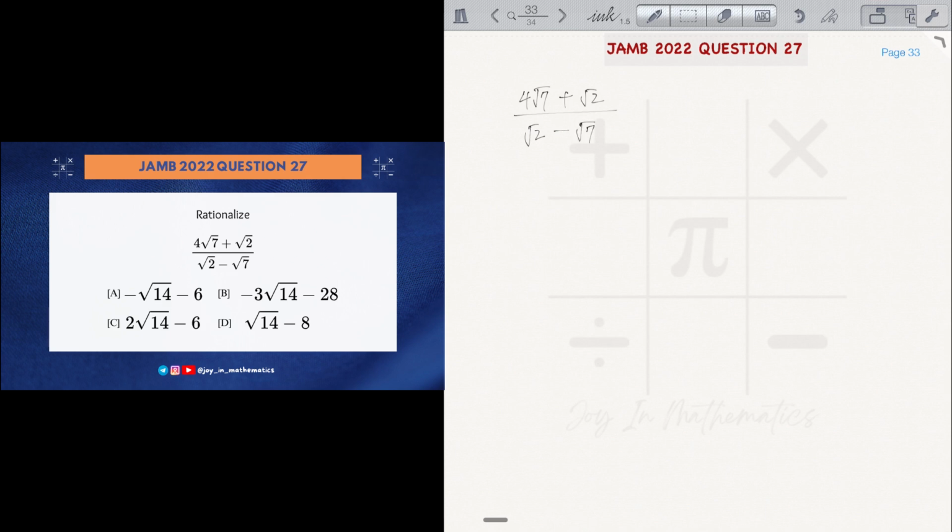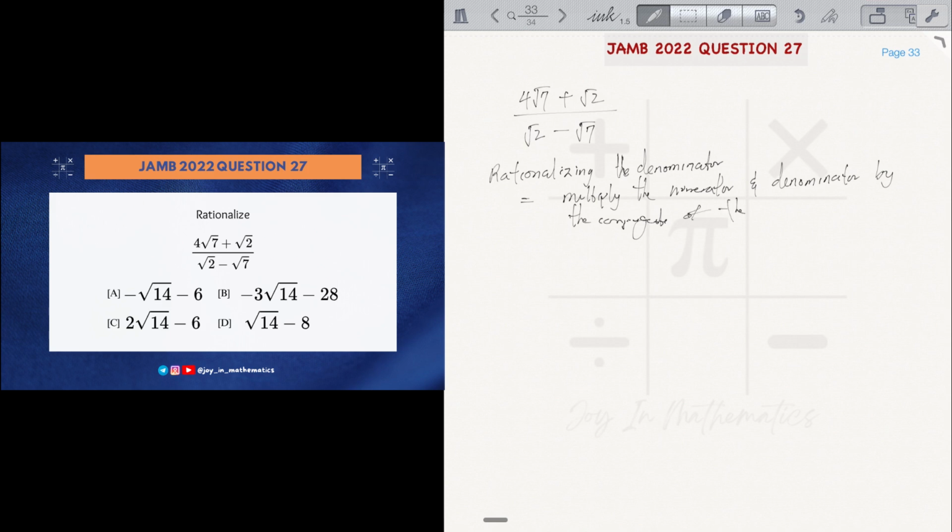In the principle of rationalizing the denominator, we multiply the numerator and denominator by the conjugate of the denominator.